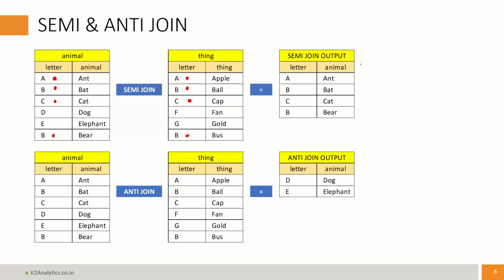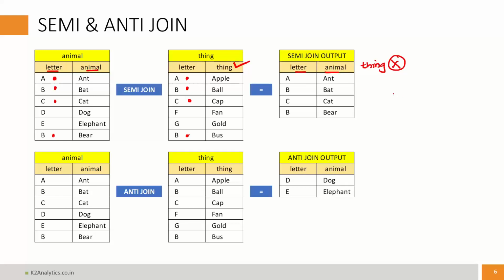The condition is the output table should not have the column from the right table. All records should come only from the left table. So basically you have letter column, animal column. These two columns you see in the output, but you don't see the thing column in the output.